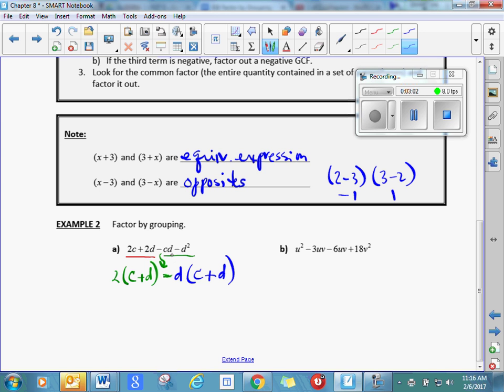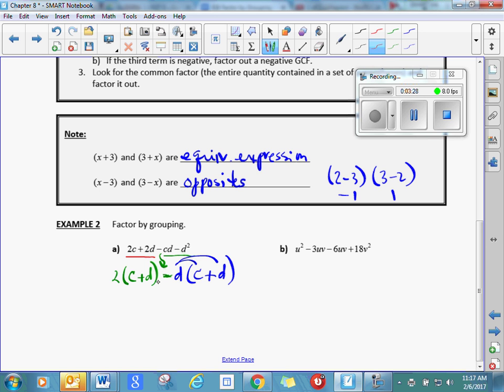The way you can tell if you've done this correctly is to distribute this back in your mind. Minus D times C is minus CD, and a minus D times a plus D gives you this minus D squared. So this negative sign can trip you up a little bit, but if you take the time to distribute back, if not on paper, certainly in your mind, you can see that you've got the correct thing.